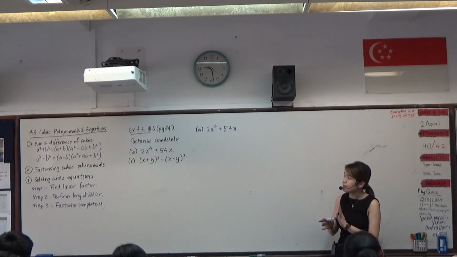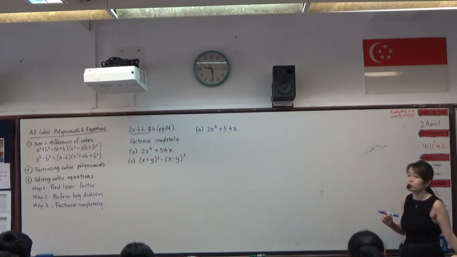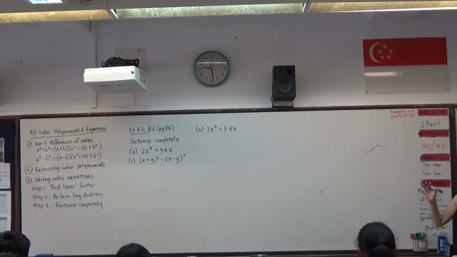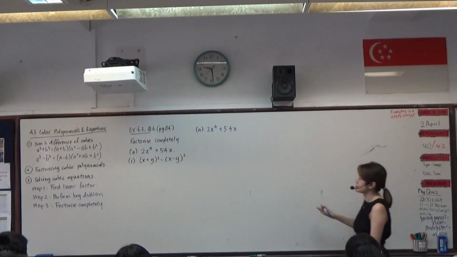In this case, the hint to you is that we're trying to use the sum and difference of cubes, not about using the calculator and all that. How can we use the sum and difference of cubes to factorize this?